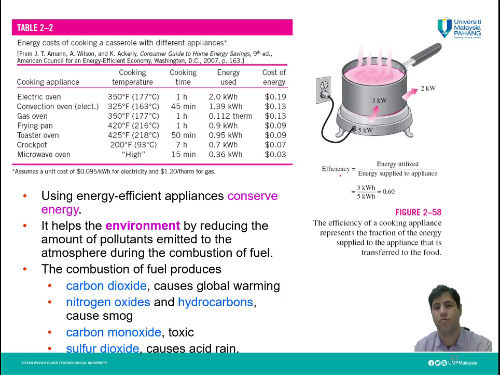As usual, to calculate the efficiency of any equipment, we need to calculate the energy which is utilized divided by the energy which is supplied to it. For example, here 3 kilowatt hours of energy is utilized by this equipment for 5 kilowatt hours of energy introduced to it.